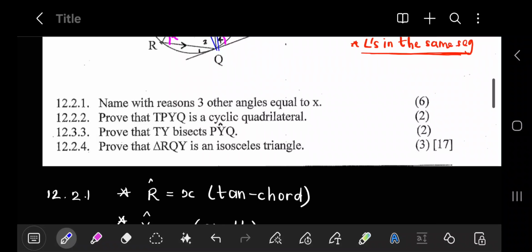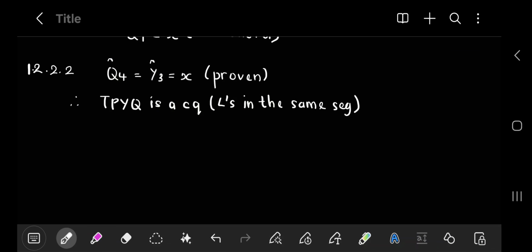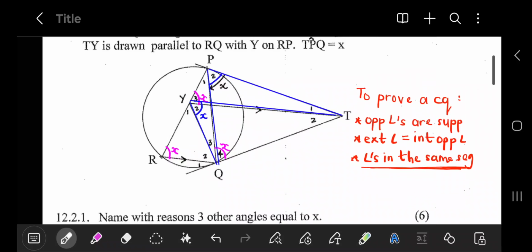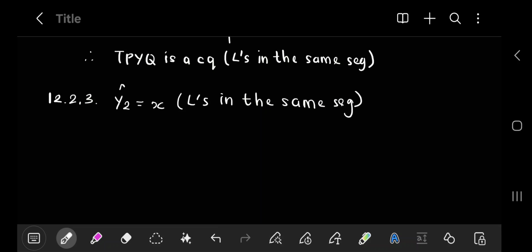So we can now state that for 12.2.3, we're going to state, firstly, let's mention that Y2 is x. Angle Y2 is x. That was from angles in the same segment.